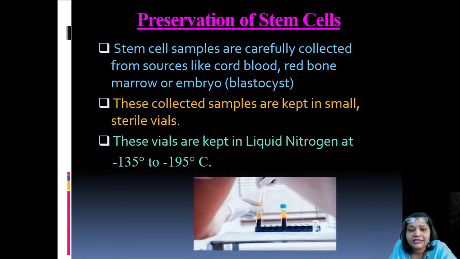So these stem cells can be preserved in this manner, but they are preserved mostly in various institutes, which are the stem cell banks. Okay, cell banks, like you have the gene banks and the seed banks nowadays. In the same way, stem cell banks preserve these stem cells very carefully, which can be used later whenever necessary by human beings.